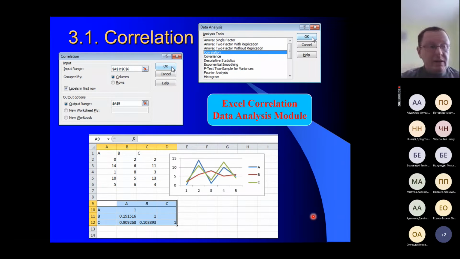In addition, Excel as well as Google Spreadsheet give us a correlation tool, which also implements the Pearson product moment correlation, but allows us to identify correlation between multiple variables at a time.